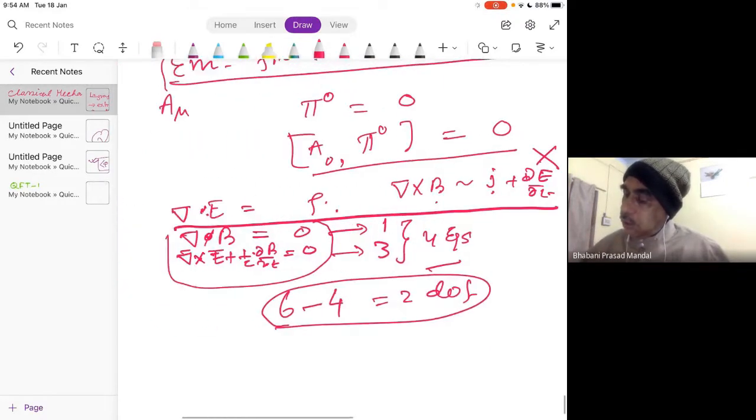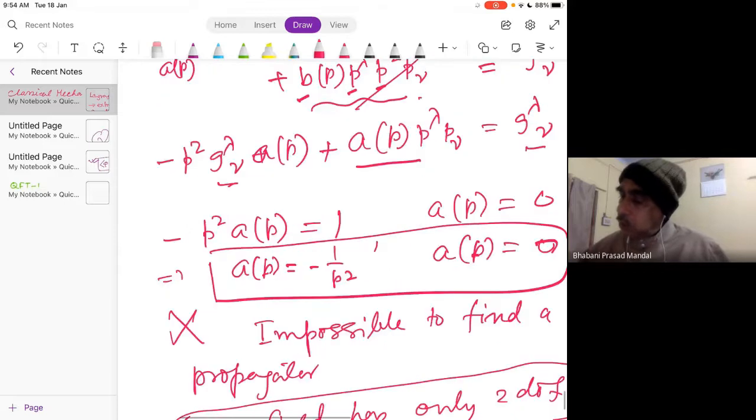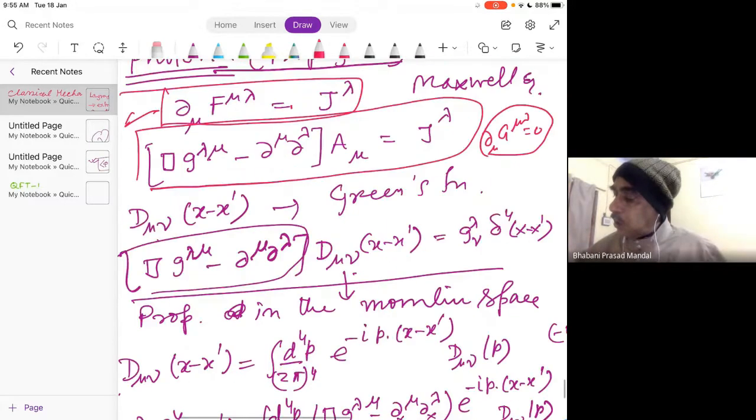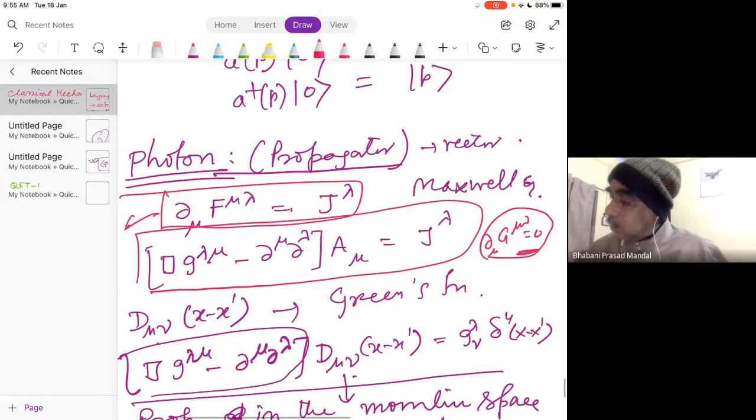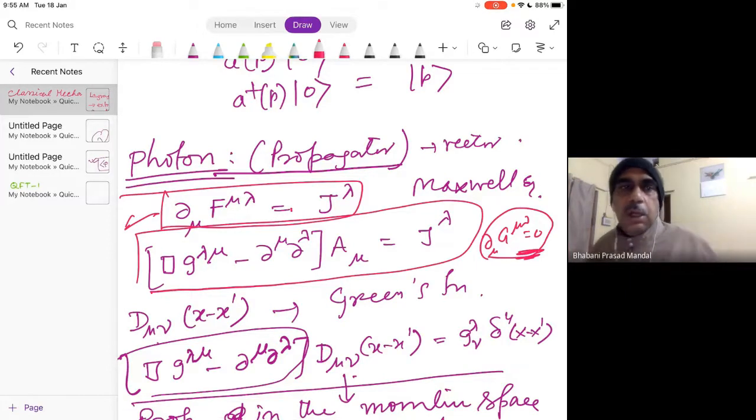These two equations are del mu G mu nu, with the dual tensor, and this equation you have not considered. The constraint equation you have not considered. So that is why you are getting a wrong answer for your propagator.